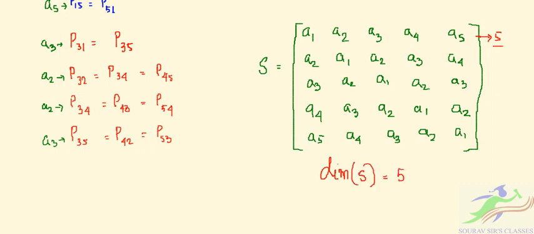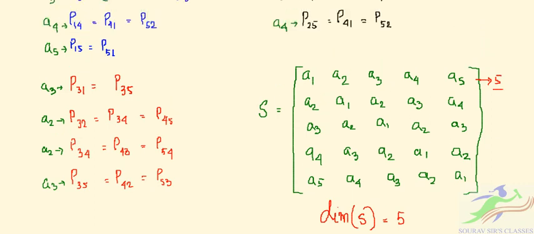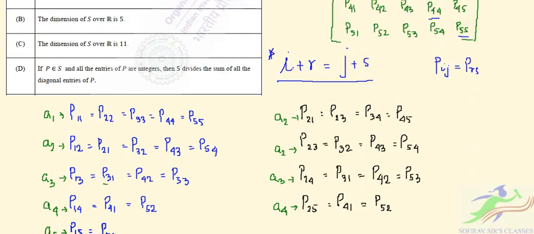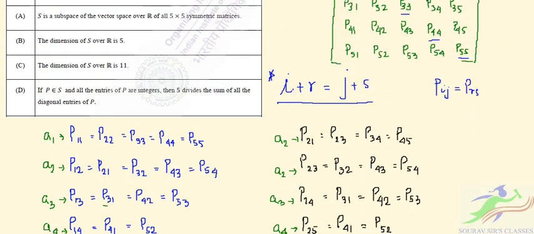Okay. Now check with the options. First option: S is a subspace of the vector space over R of all 5 by 5 symmetric matrices.